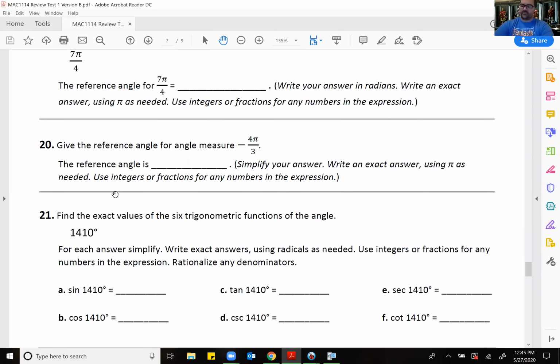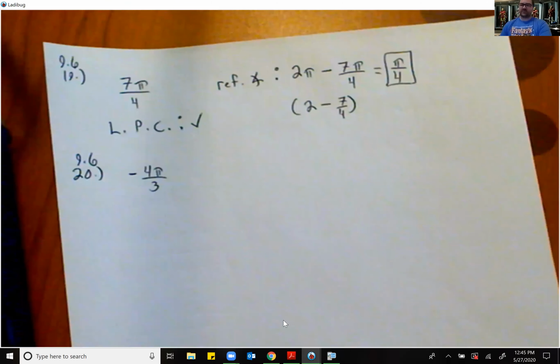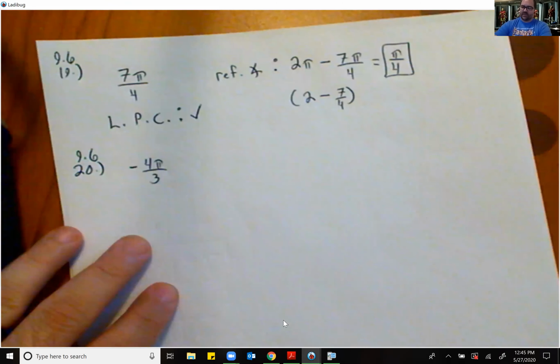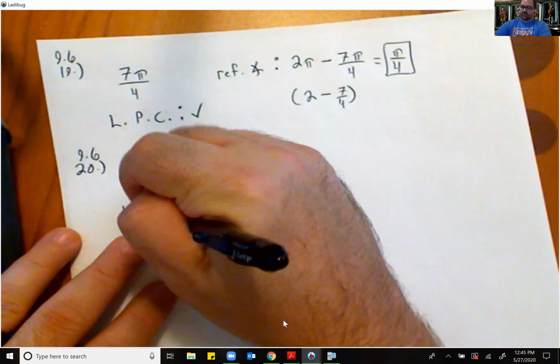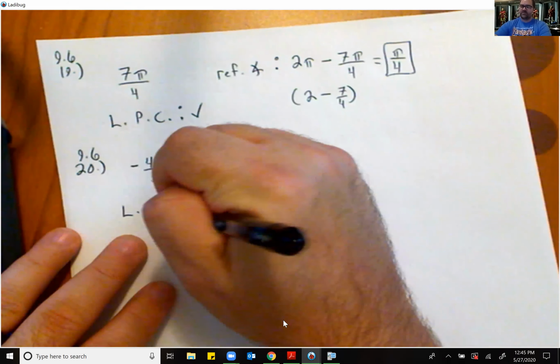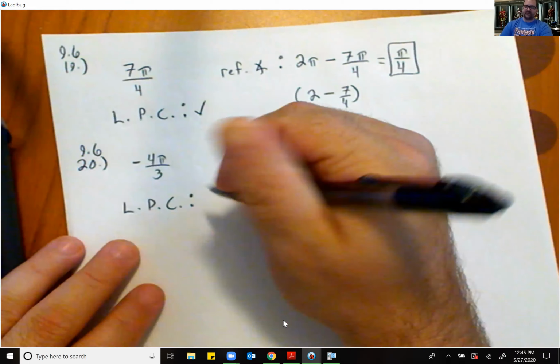All right, so now it wants another reference angle. All right, so we just did that. Easy peasy. So again, 9.6. And we are looking for the reference angle of negative 4 pi over 3. So first things first, we need the least positive coterminal angle. So this is definitely not the least positive coterminal angle.